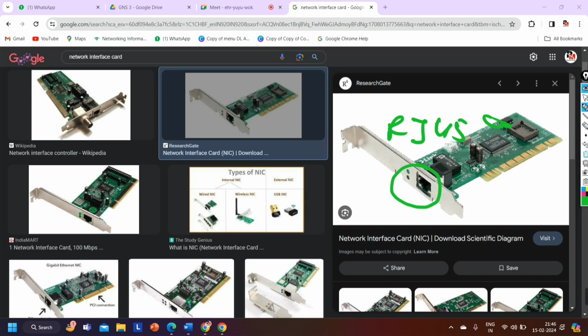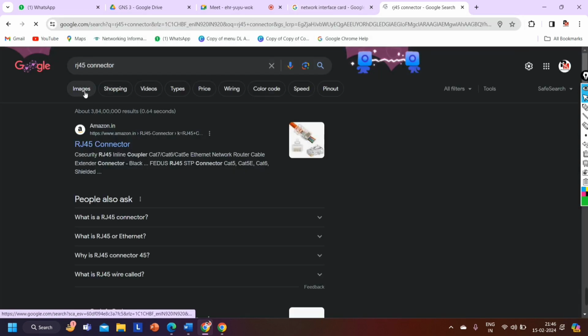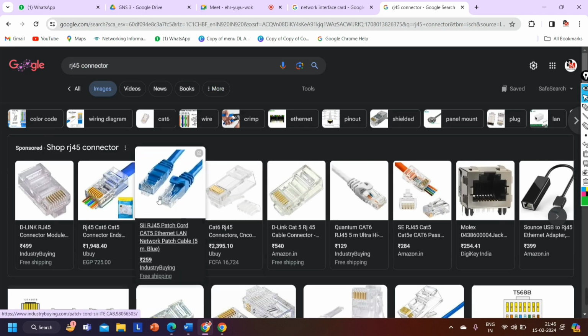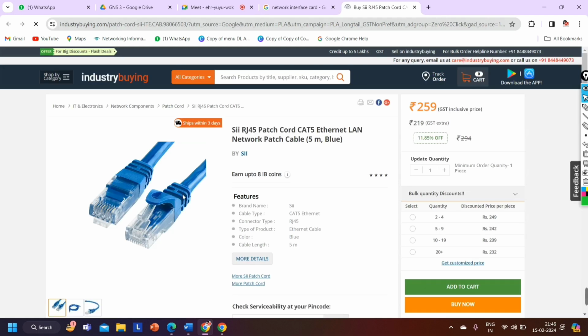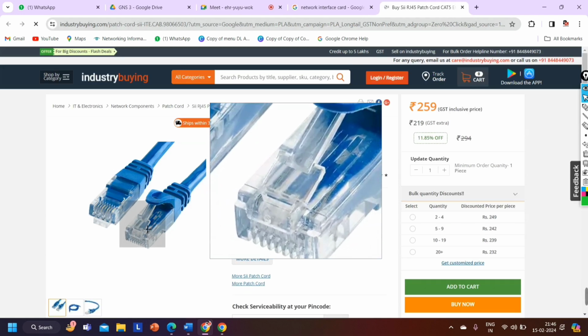Let me show you the RJ45 connector also, like this. This is the RJ45 connector. Getting my point?